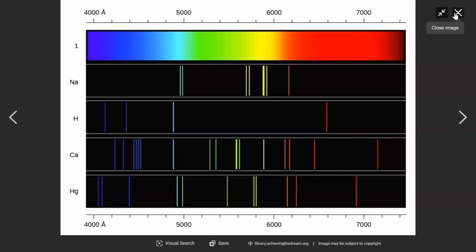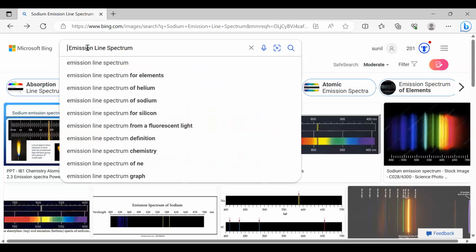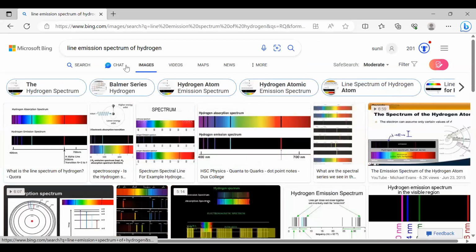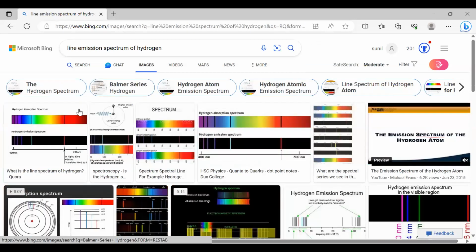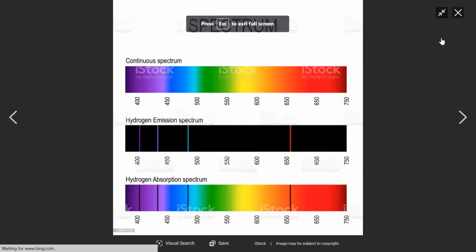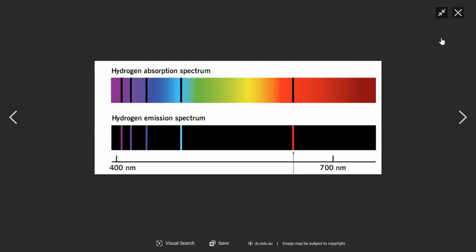Now I will be coming to the spectrum of hydrogen. That's very important. So below, look at the hydrogen emission spectrum.